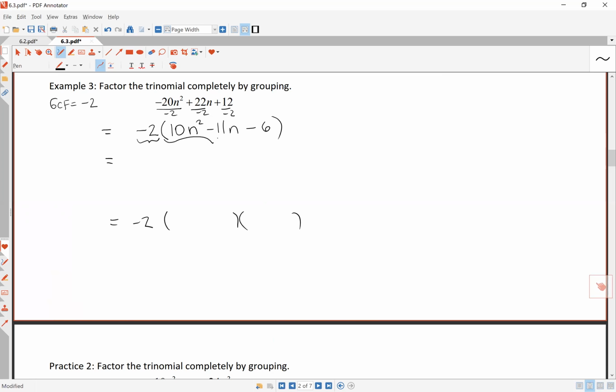In factoring the trinomial, we need the a, c product of two numbers, that's a times c, which is 10 times negative 6, or negative 60. That adds up to b, which is negative 11.